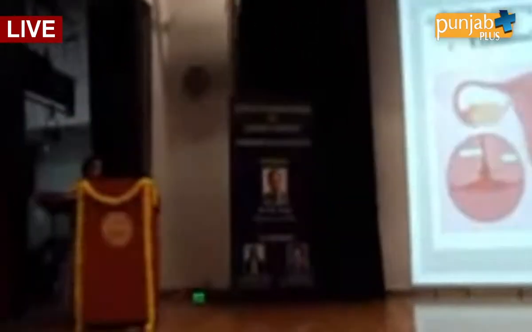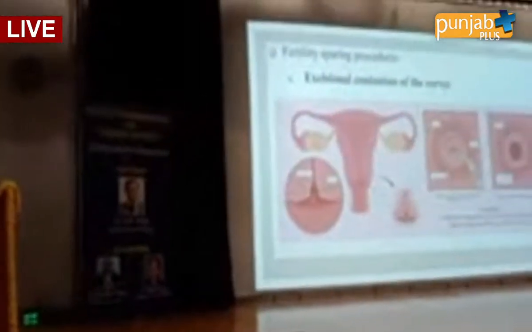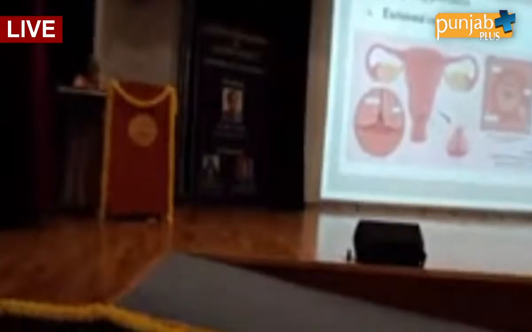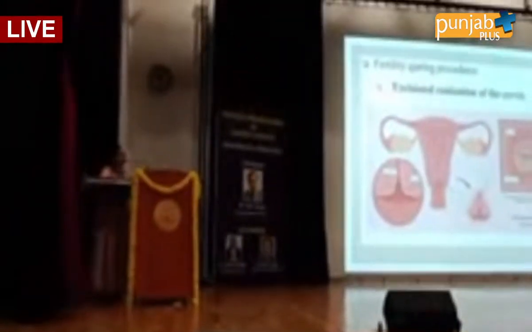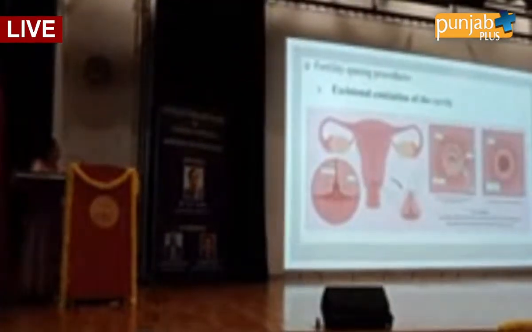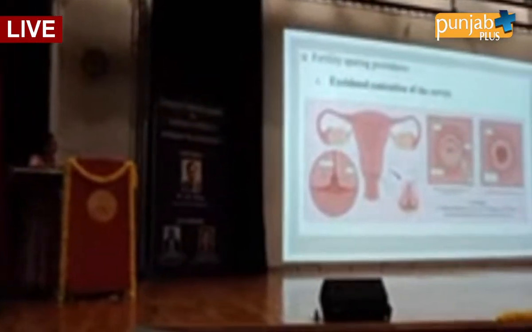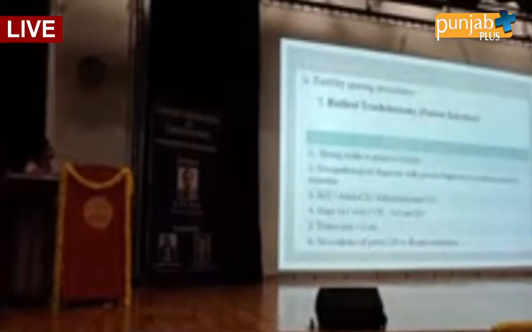And this is how the excisional conization is done. We take the base at the ectocervix and the cone is removed, and the tip of the cone, the apex of the cone is in the endocervix.